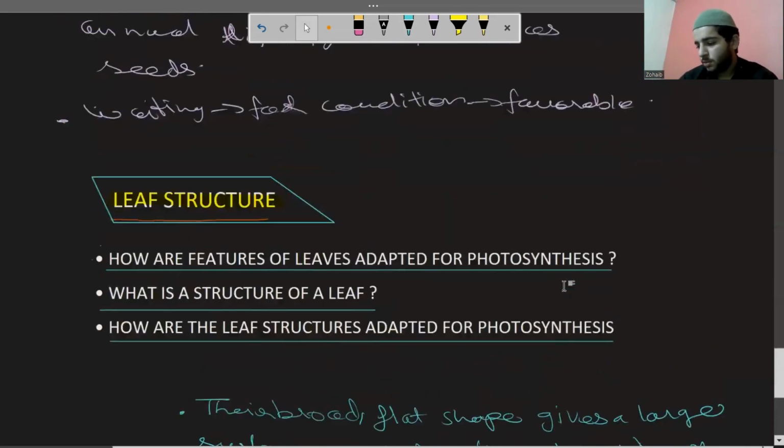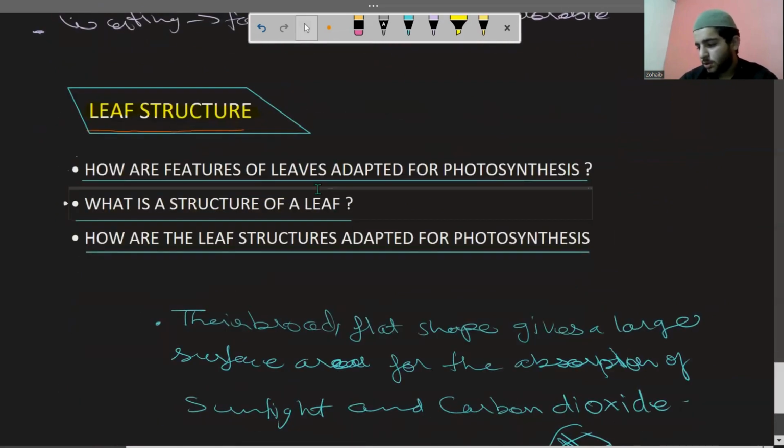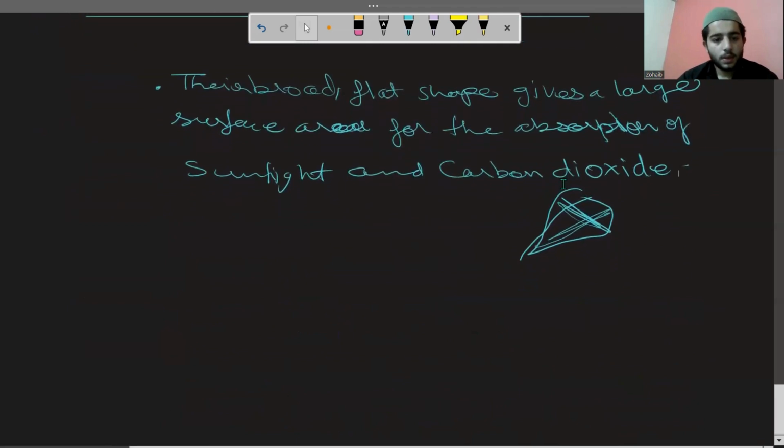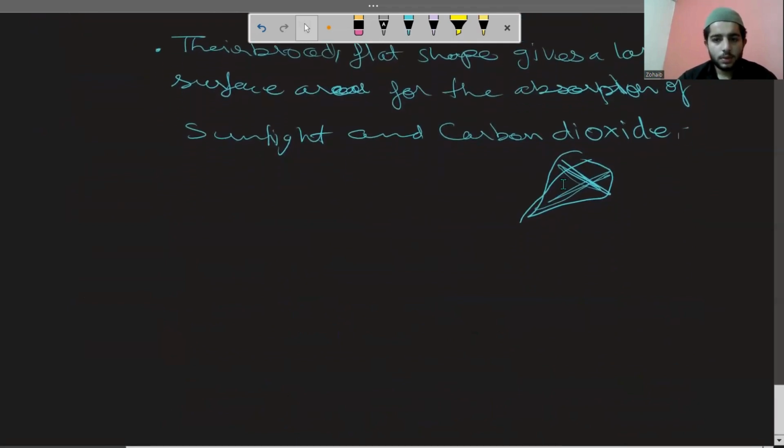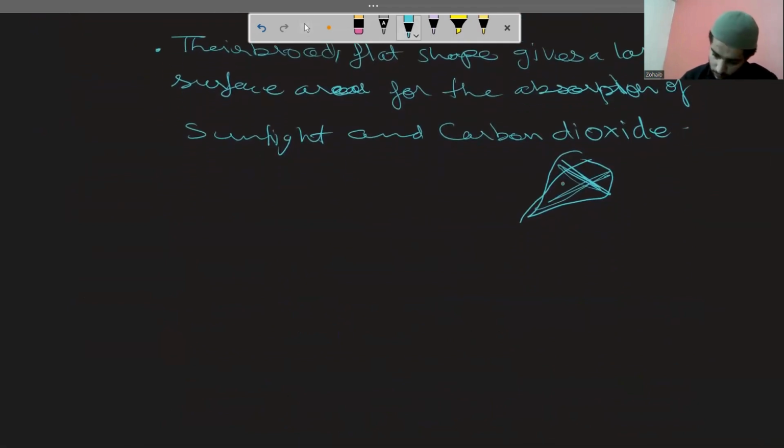Now the second feature of a leaf adapted for photosynthesis is that most leaves are thin. As you can see, most leaves are thin, right? Hence the carbon dioxide only needs to diffuse across short distances to reach the inner cells.